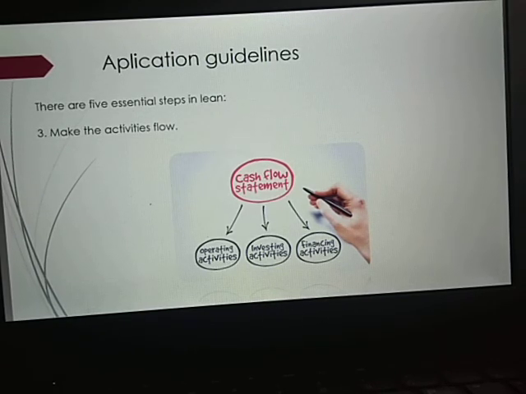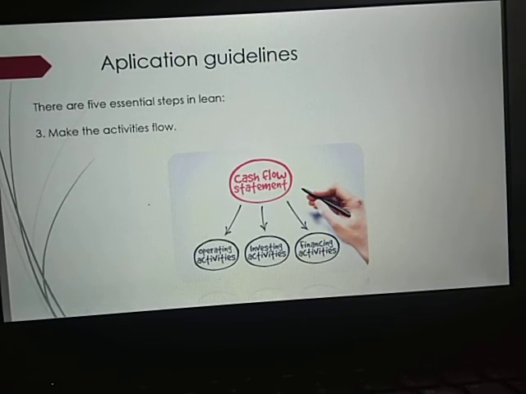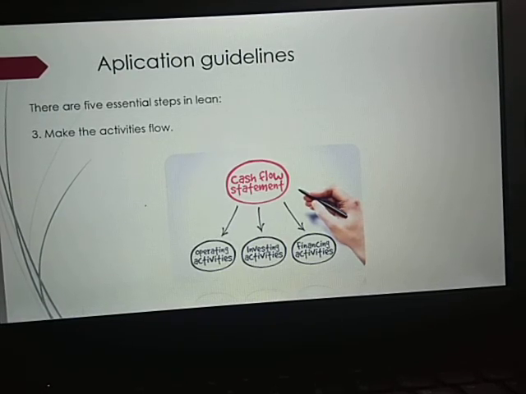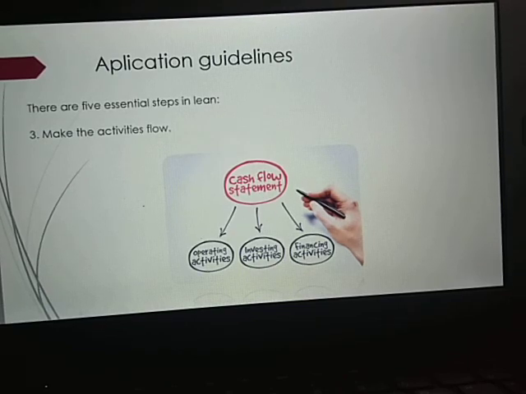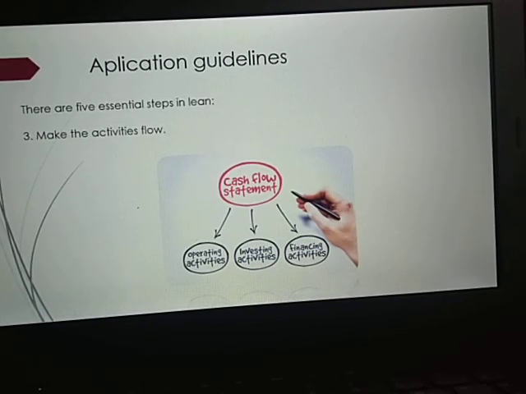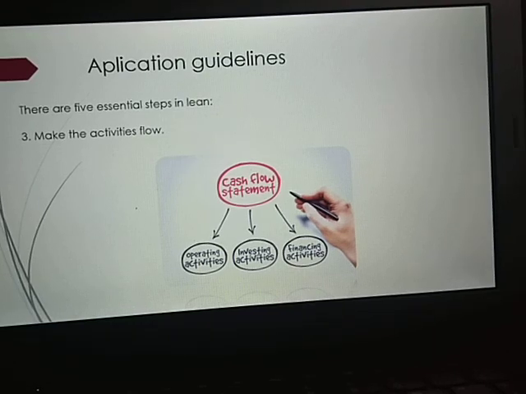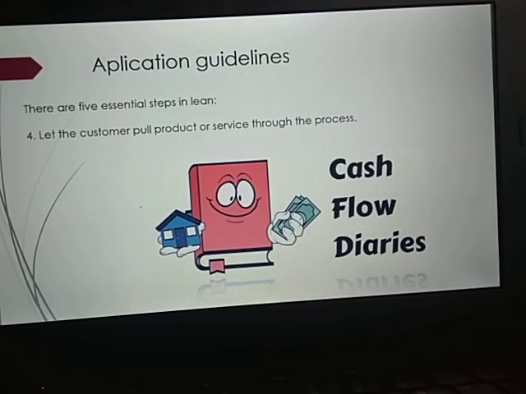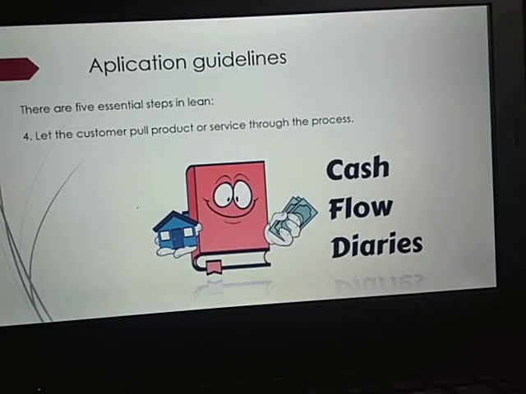Buffers also tie up money that can be used elsewhere in the organization and cover up the effects of system restraints and other wasted activities. The next step is let the customer pull product or service through the process.